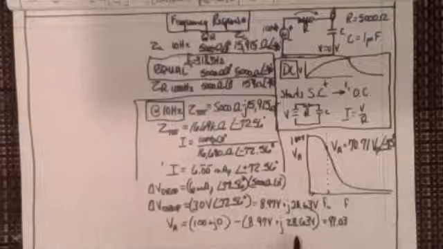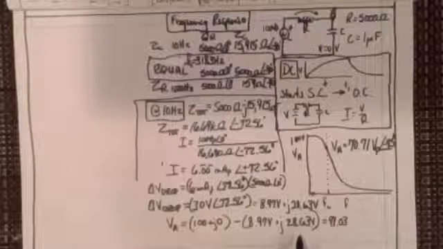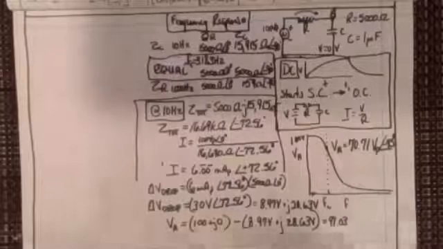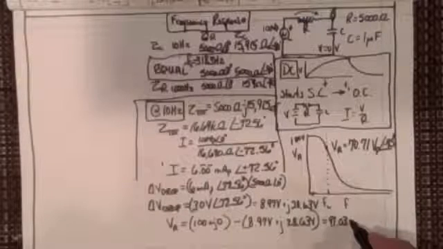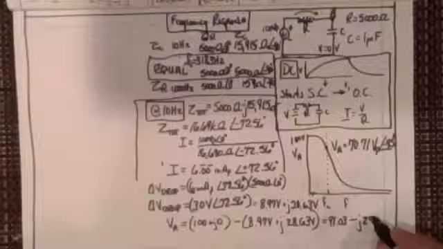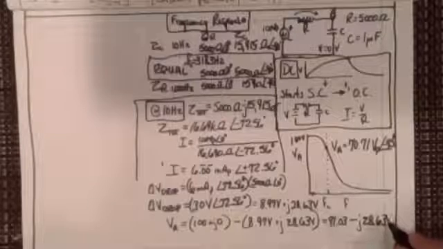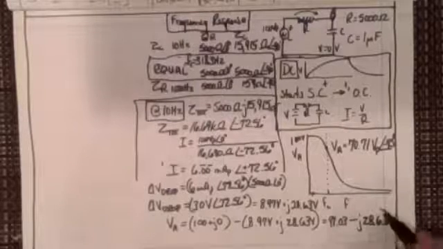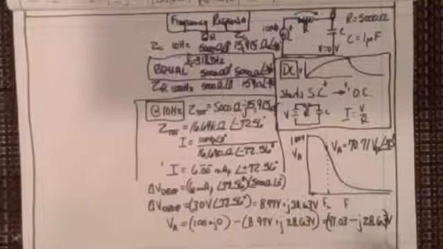And you're saying, okay, hey, don't forget that 28.63 volts you've got there. That's right. So that would be minus, because I've got 0 minus a positive, so that gives me minus j 28.63 volts, right? In fact, I should put parentheses around there.